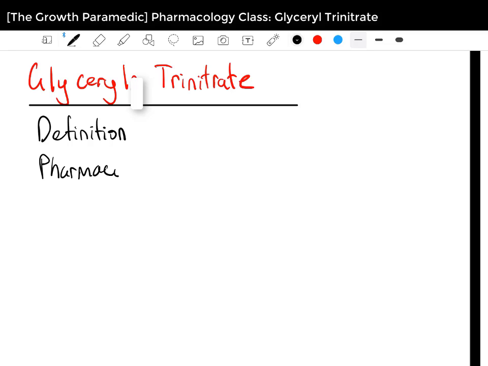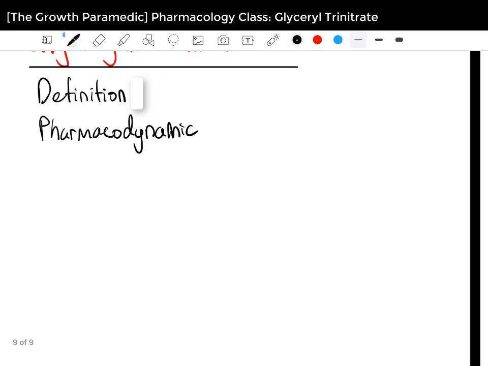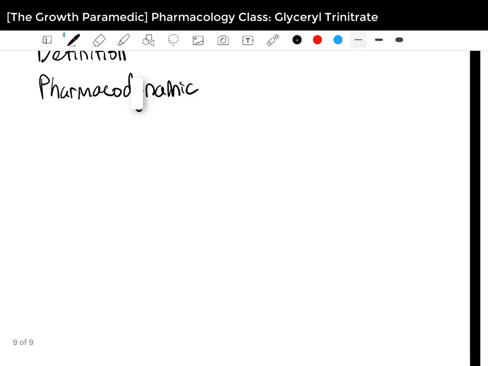As I mentioned in previous videos, I won't go through the pharmacokinetics because that's not as relevant, because you're mainly looking at how the drug works in the body. If you guys want to know about the pharmacokinetics, then please do comment in the videos and I will add them into future videos, and if need be and there is enough interest, I may redo these videos and include the pharmacokinetics. So you have the definition, the pharmacodynamics, and some precautions that I want you to be aware of if you are going to be using this in the pre-hospital setting.